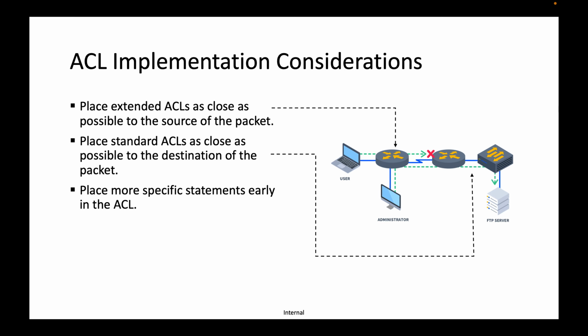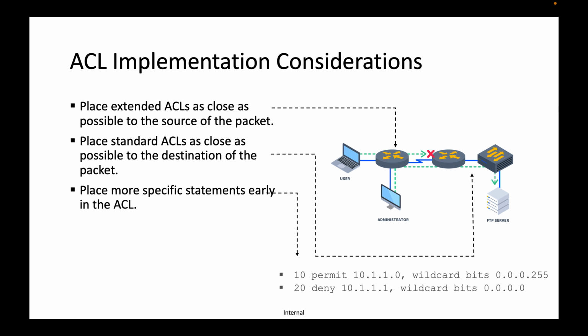Then place more specific statements early in the ACL. By this, what I mean is, by placing more specific matching parameters early in the list, you are less likely to make mistakes in the ACL. For example, imagine that the ACL first listed the command that permitted traffic going to the 10.1.1.0/24 subnet, right?